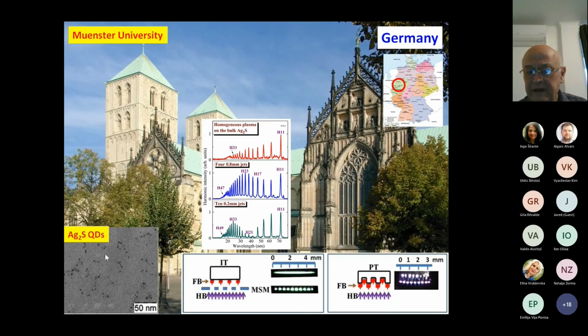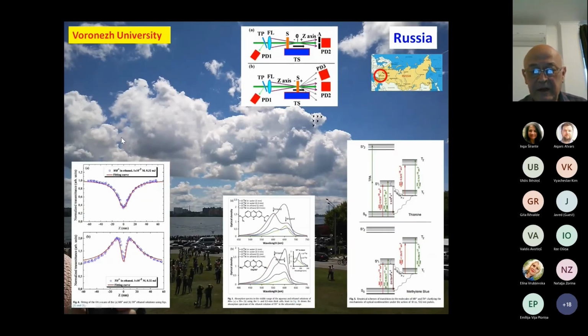And again, returning to quantum dots, we demonstrated that those quantum dots can also be used for quasi-phase matching, and we demonstrated strong variation of the groups of harmonics in different spectral ranges using different configurations of multi-jet plasmas.